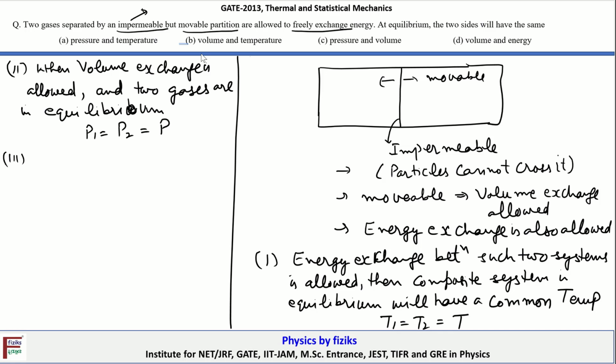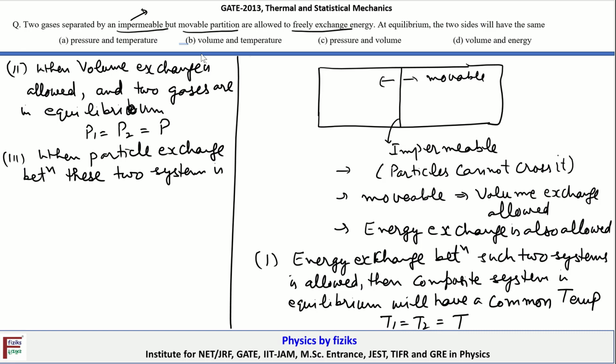And the third point is that when these two systems can exchange particles, when particle exchange between these two systems is allowed, then equilibrium ensures that the chemical potential of the first system is equal to the chemical potential of the second, and that is equal to, let's say, mu.